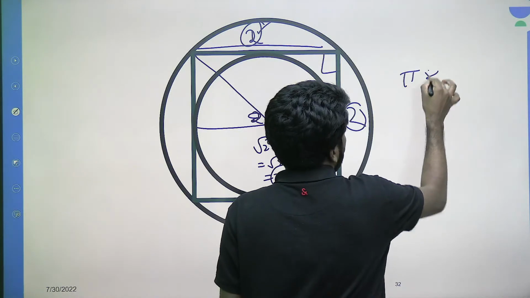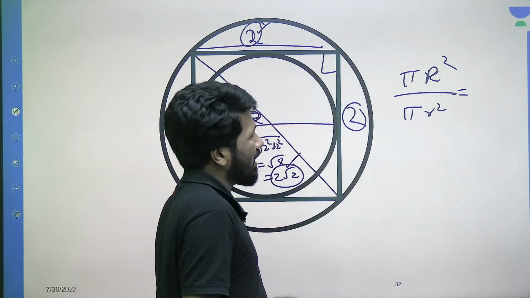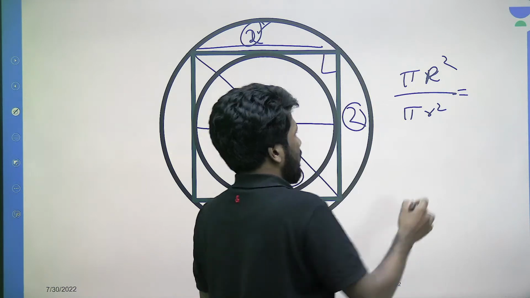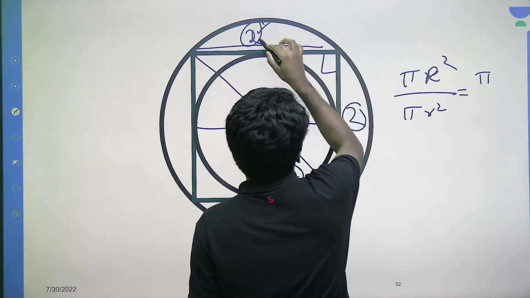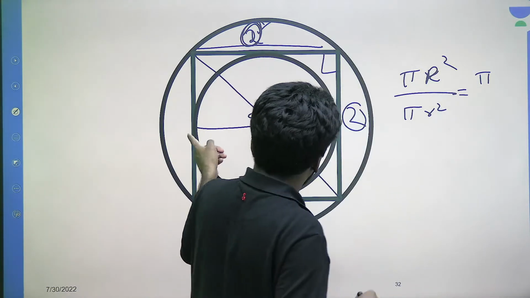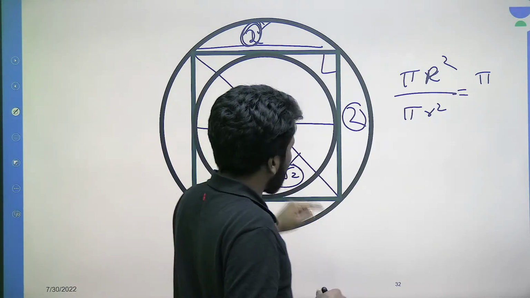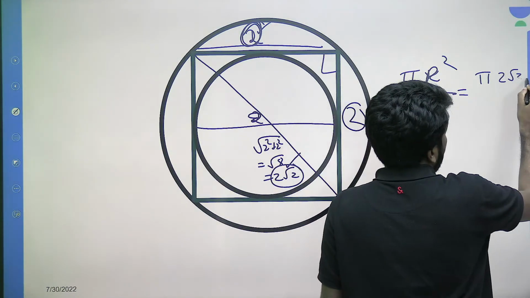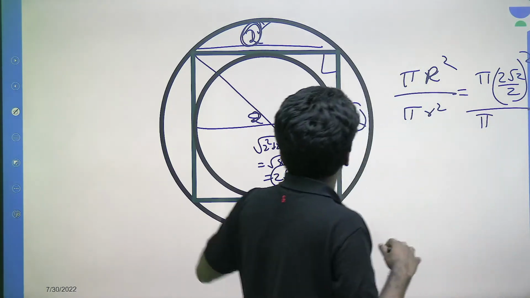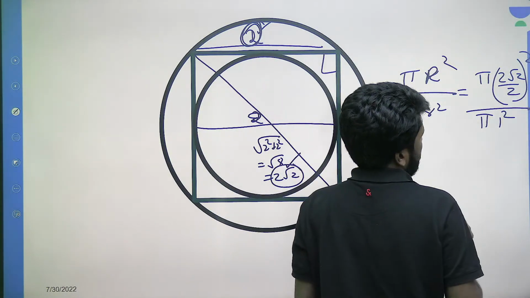Pi R square by pi r square, that is the ratio of area, no. Outer circle radius capital R, inner circle radius small r, assumed. So what will capital R be? The diameter of the outer circle is 2 root 2, so its half, 2 root 2 by 2, will be the radius. Its square divided by pi times the radius squared of the smaller circle: the diameter is 2, so half of 2 is 1.